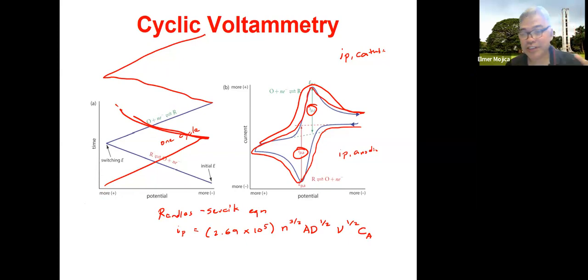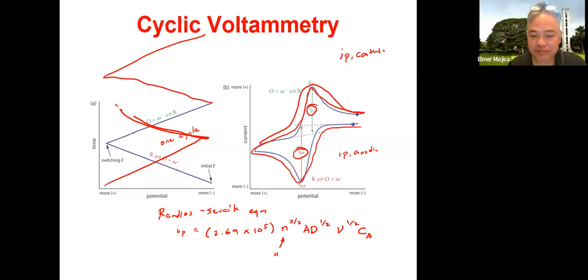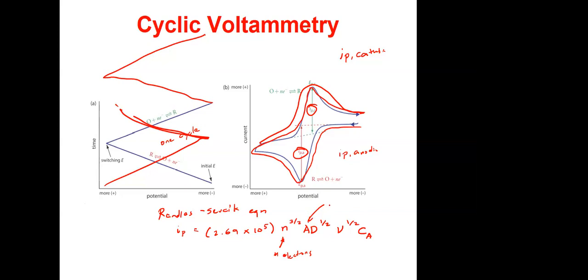Which ones do you know here? What is n? Anyone? Number of electrons, sir. Okay, n means number of electrons. Now, what do you think is A? Area, sir.